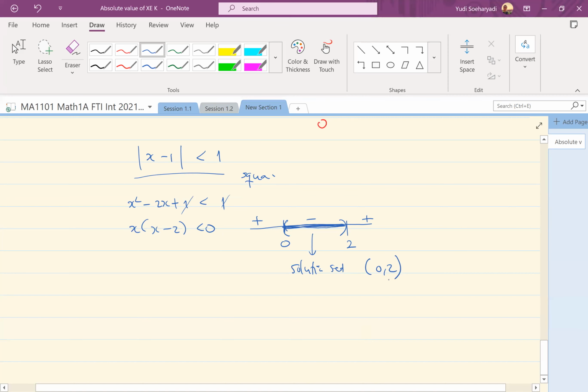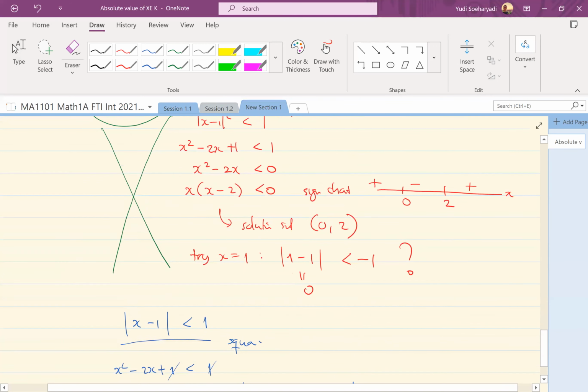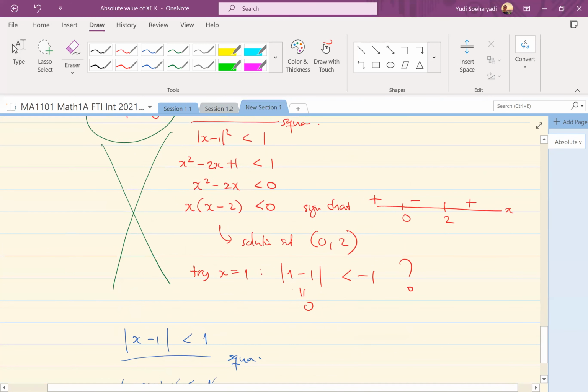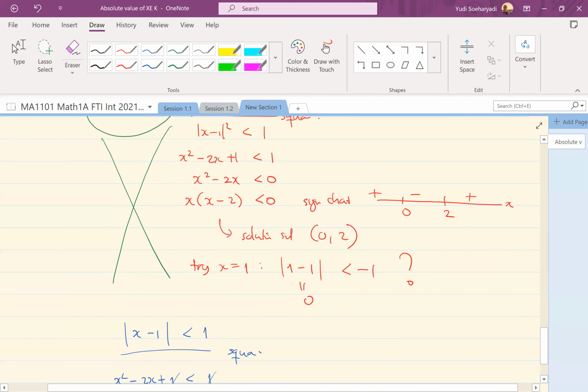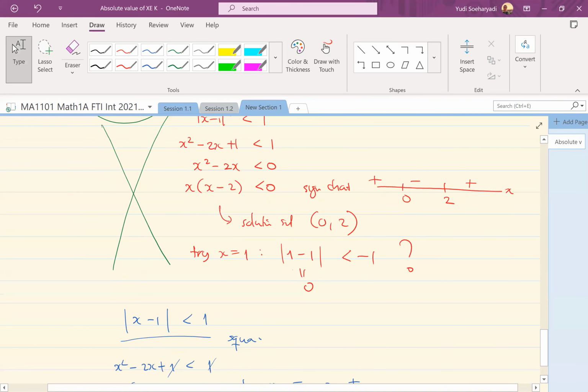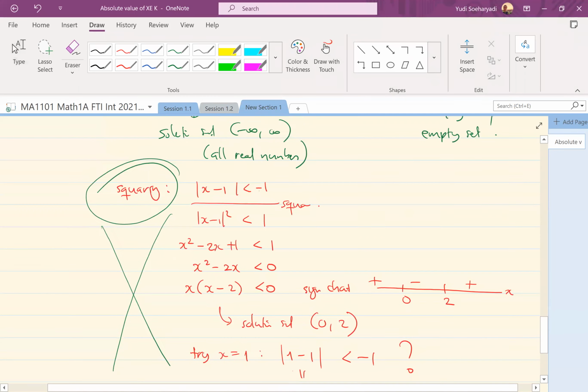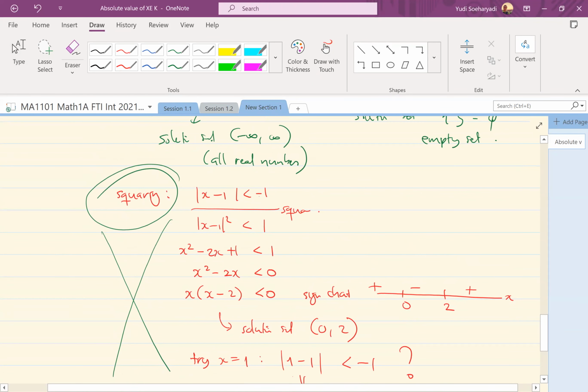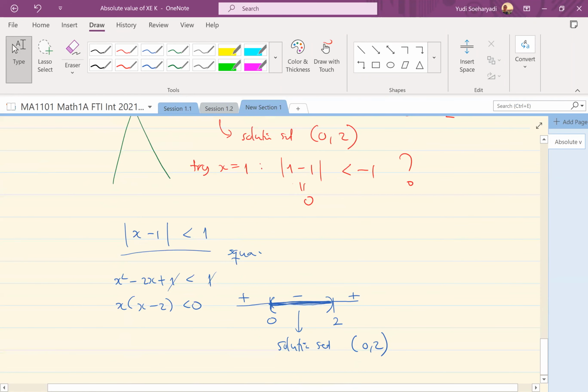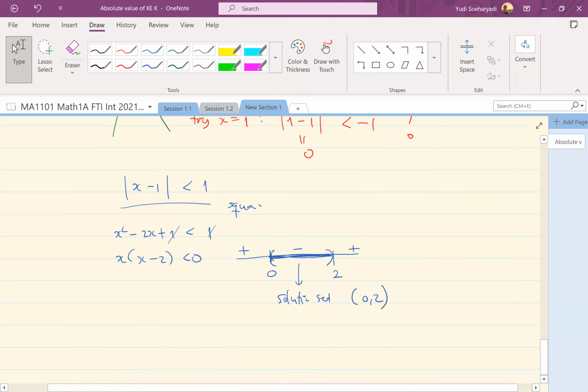So you see, if you do the squaring, there won't be any difference between absolute value of x minus 1 less than 1 and this inequality here. So this is a case when squaring is okay.